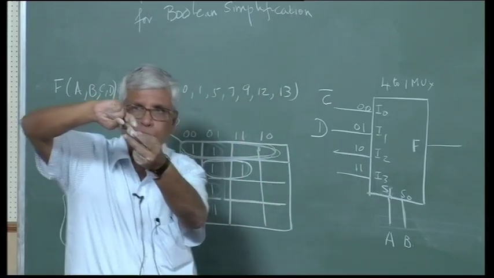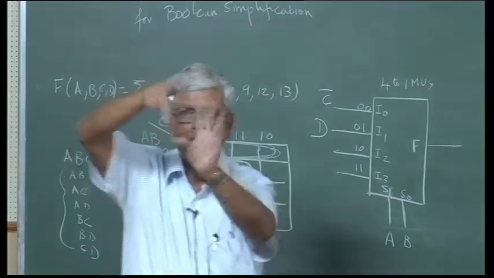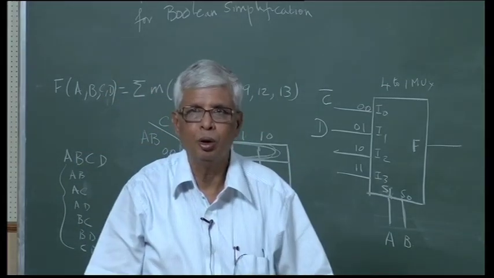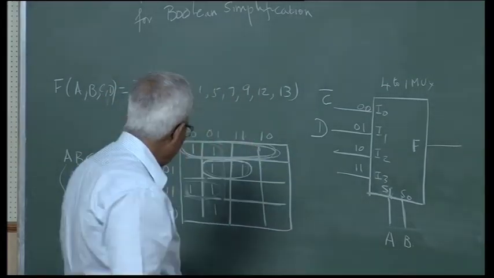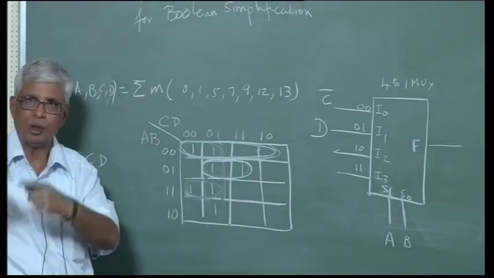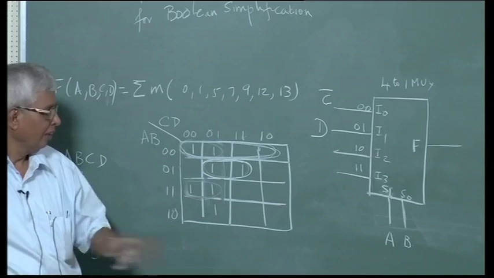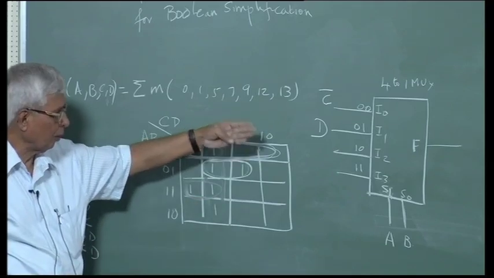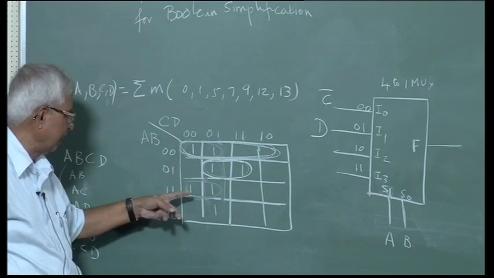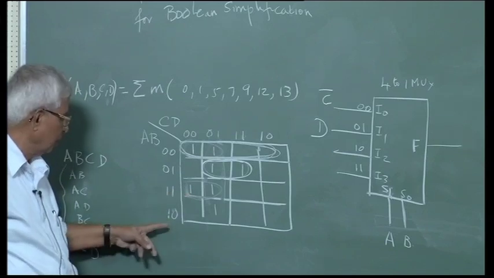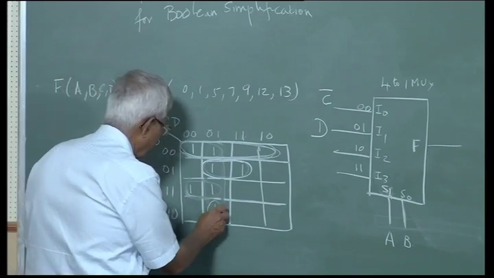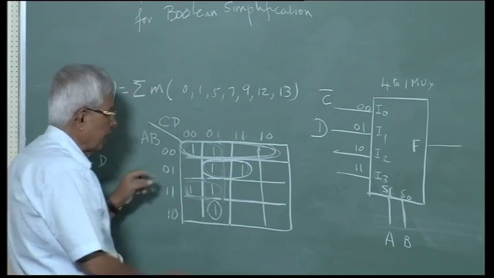I2 and I3 have to be switched. That is a common mistake people make. In Karnaugh map you do 1, 1 and then 1, 0 because you can combine these ones as prime implicants, whereas in the multiplexer we use 1, 0 first and then 1, 1. So this 1, 0 corresponds to only one term, C bar D.